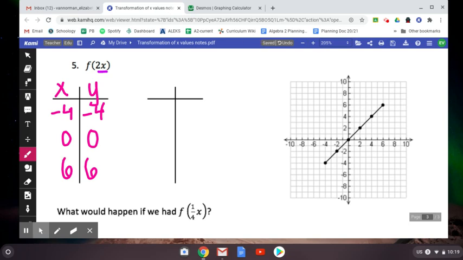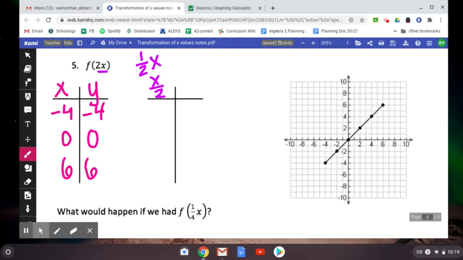Everything on the inside is x values, and everything on the inside is opposite. So instead of multiplying by 2, we can write this one of two ways. We can take my x value and divide it by 2, or I could write it like this and take 1/2 of my x values. You know that if you cut something in half, you're dividing it into two pieces. So those are the same thing.